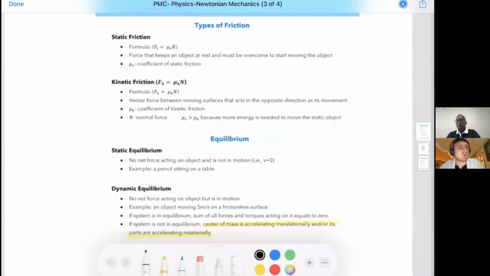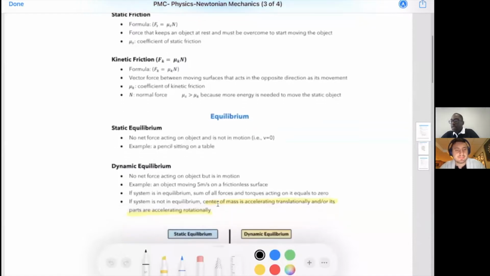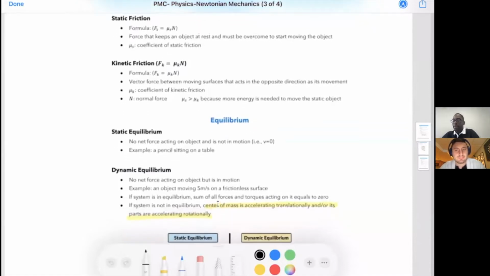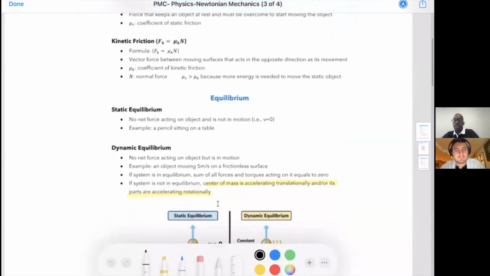Got it. So what you're saying is that if the N increases or decreases, the F is going to increase or decrease proportionally. Correct. And because of the nature of the equation and the similarities between static friction and kinetic friction, that same relationship applies as long as... Wait, sorry, can you repeat the question?